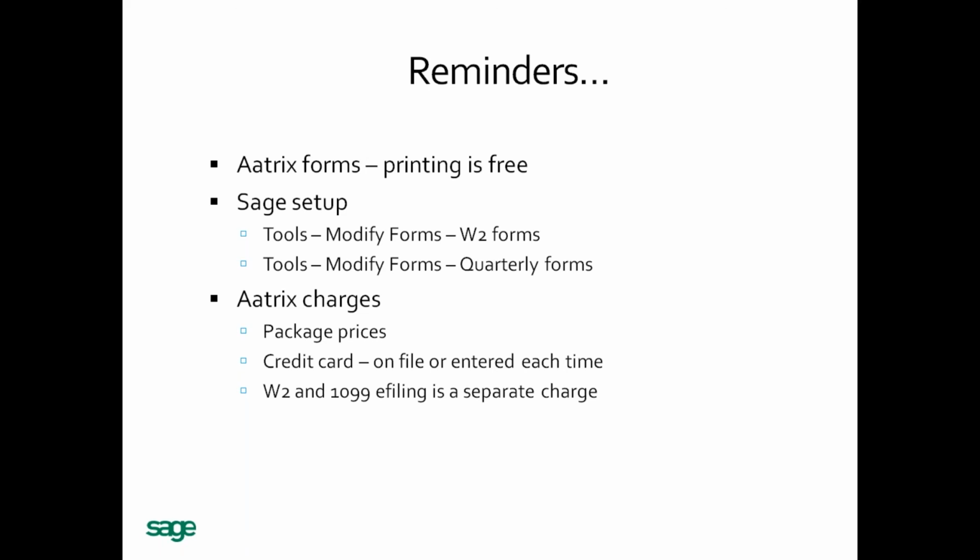They actually charge for all of the forms e-filing. Again, the printing is free. So you might again want to just verify what those package prices are. And then you can have a credit card on file for that charge.